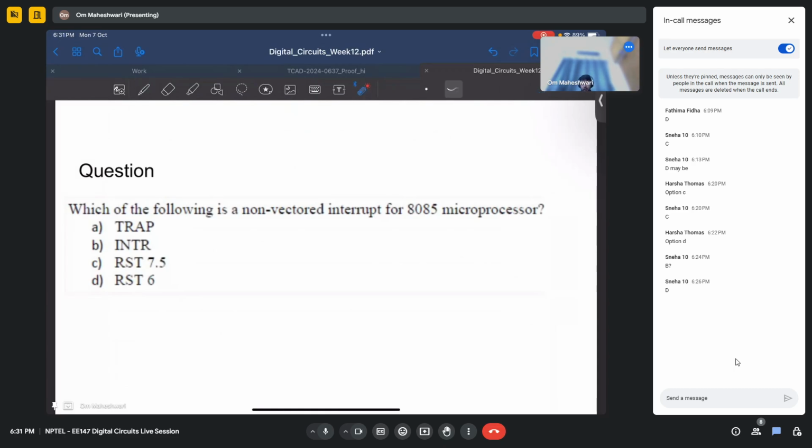Which of the following is a non-vectored interrupt for the 8085 microprocessor? We just saw it, right? It is INTR.